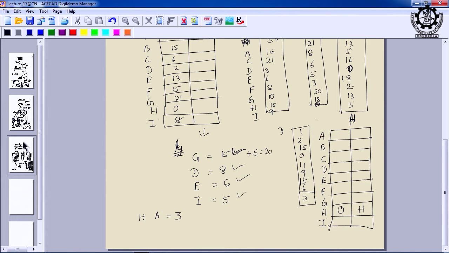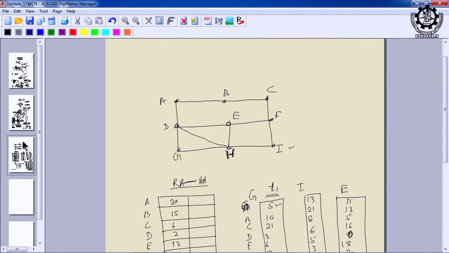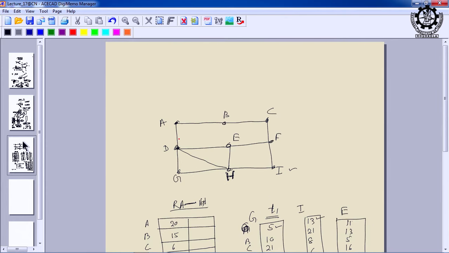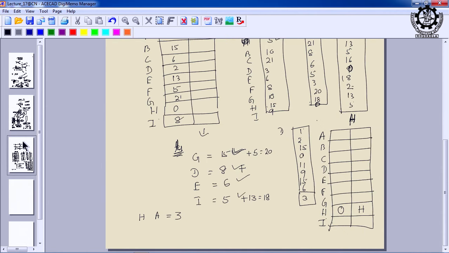Now, if H goes through I, what is the new value? It is 5, and in I's table to A it is 13. So, 5 plus 13 is 18. If H goes through D, then the new value is 8, and in D's table, the value to A is 1. 8 plus 1 is equal to 9.